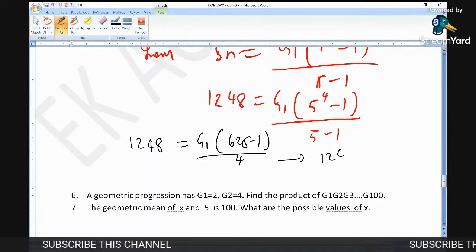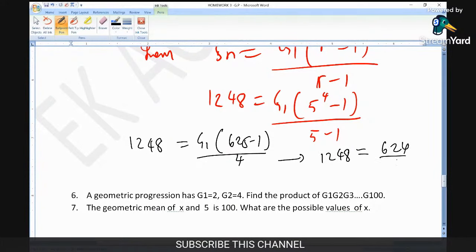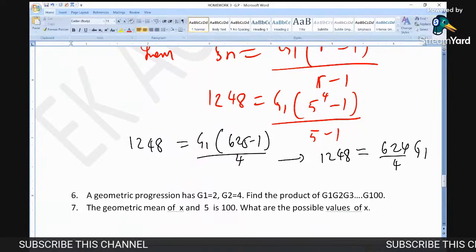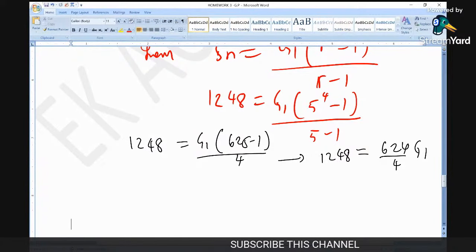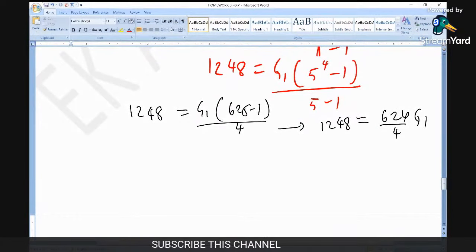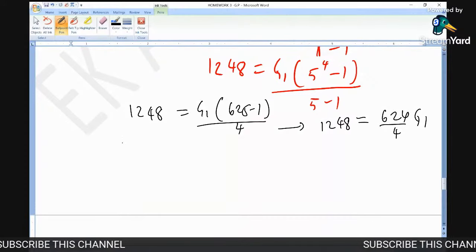It is 1248 equals 624 over 4 G1. So what will be the result? Let us see. The result will be like this.